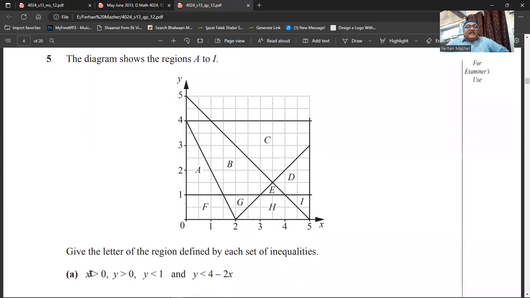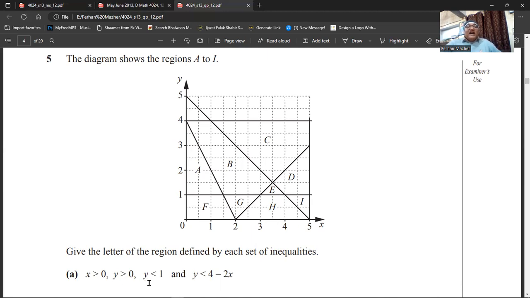So x is greater than 0. So this is x equals 0. So you have to remain on this side of this line. y greater than 0, y equals 0 is this line. So y greater than 0 means you have to remain above this line. So you have to remain on the right side of this line and above this line.